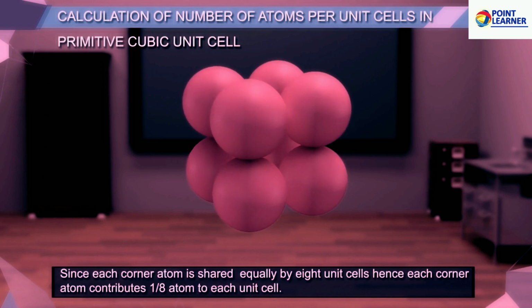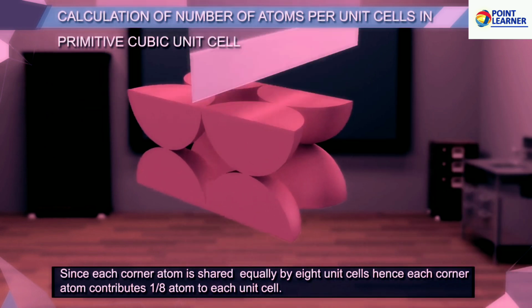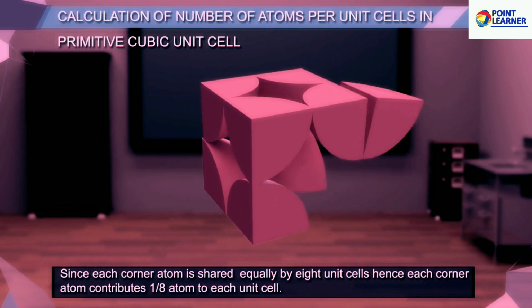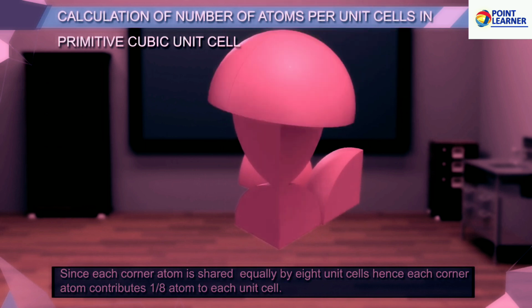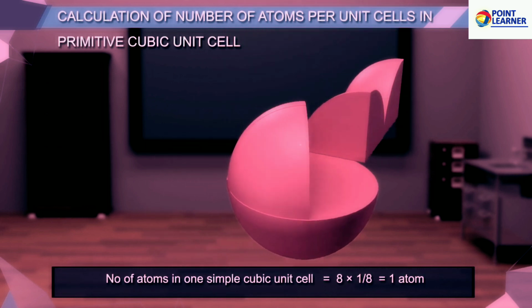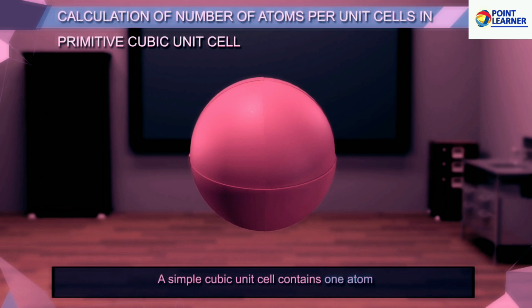Since each corner atom is shared equally by 8 unit cells, each corner atom contributes 1/8 atom to each unit cell. Number of atoms in one simple cubic unit cell is equal to 8 × 1/8, which is equal to 1 atom. A simple cubic unit cell contains 1 atom.